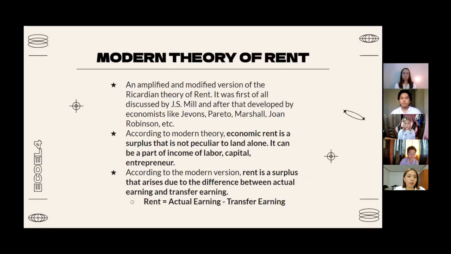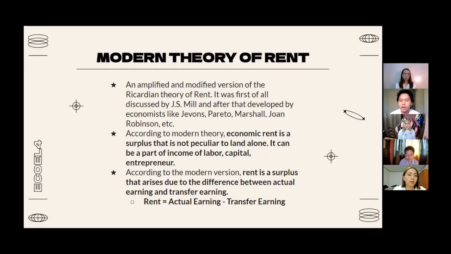The modern theory of rent is an amplified and modified version of the Ricardian theory of rent. It was first discussed by J.S. Mill, and after that developed by economists like Jevons, Pareto, Marshall, Joan Robinson, and other famous economists. According to the modern theory of rent, economic rent is a surplus that is not peculiar to land alone.